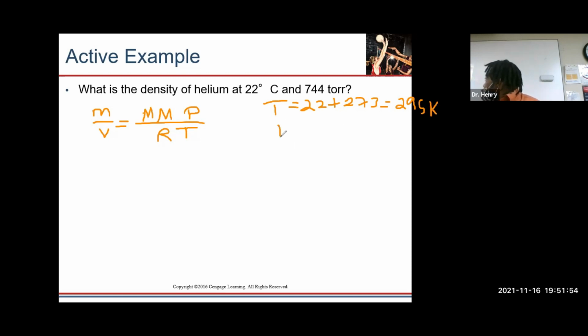Okay, my pressure is now in torrs, but our ideal gas constant has ATMs. So what do I need to do? I need to convert. How many torrs equal one ATM?